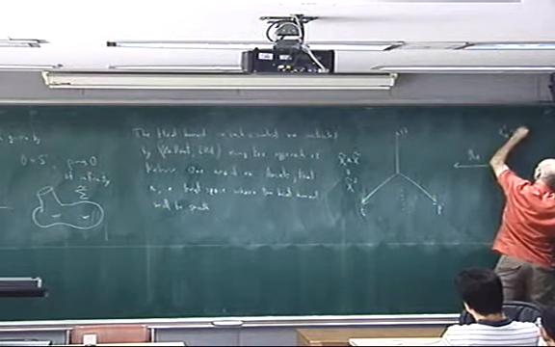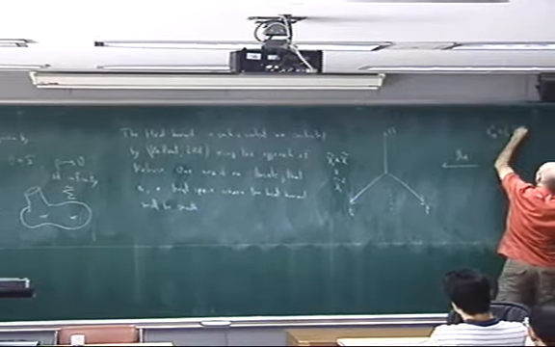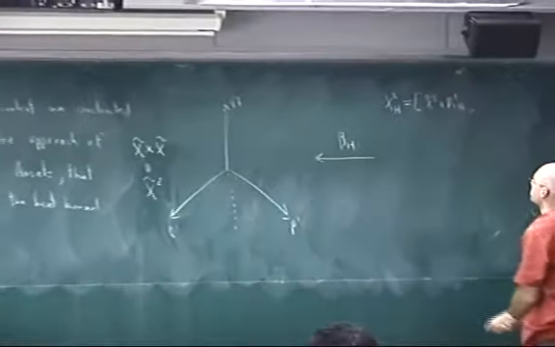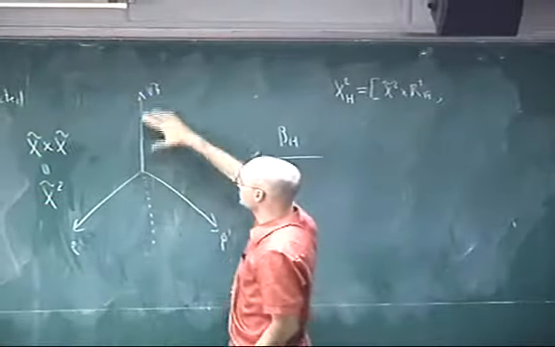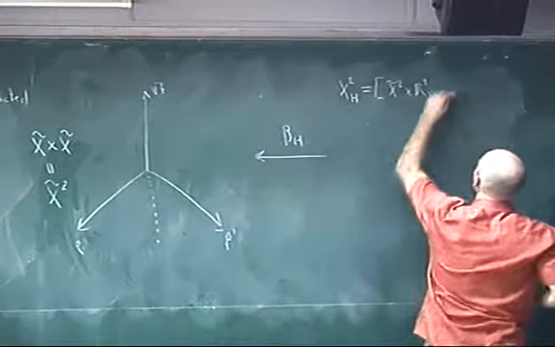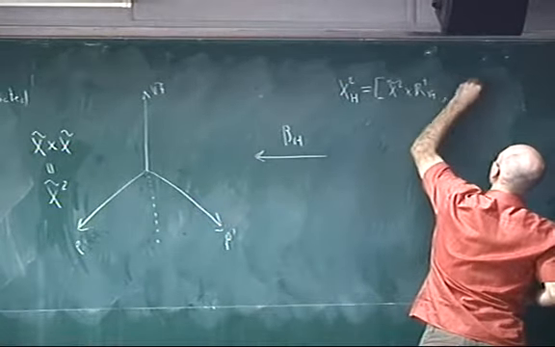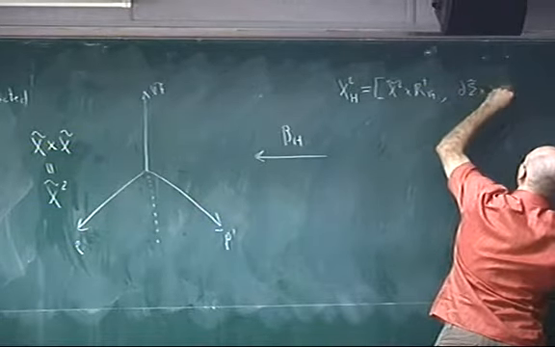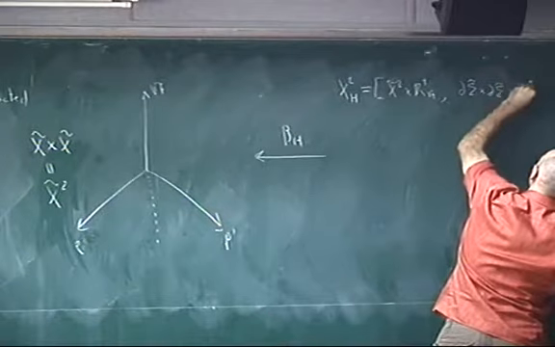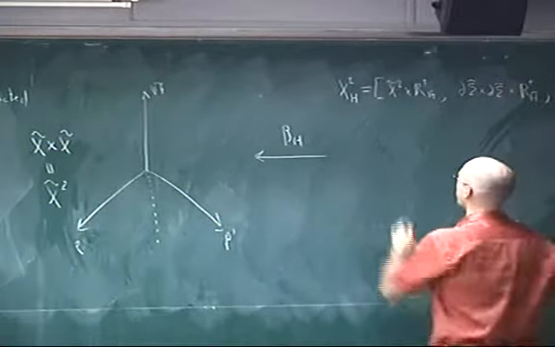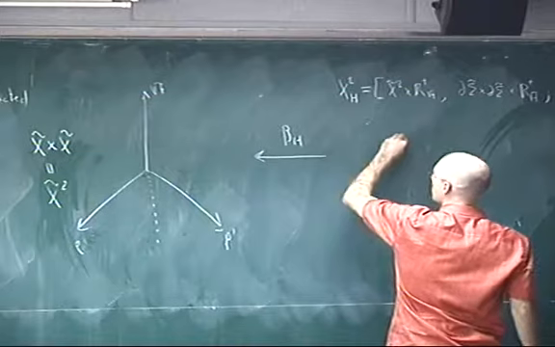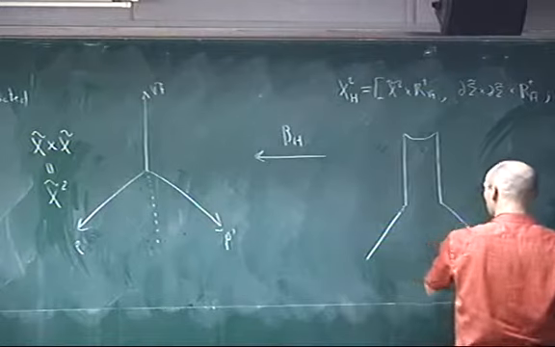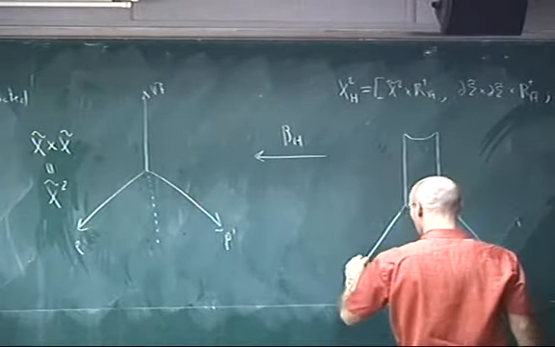For the each space, one first blows up this corner at all time. So it's d sigma tilde times d sigma tilde, and then for all time. So when I do this, that's what I get.